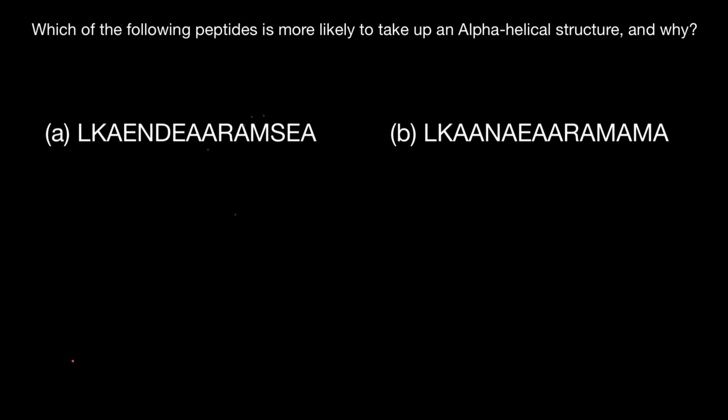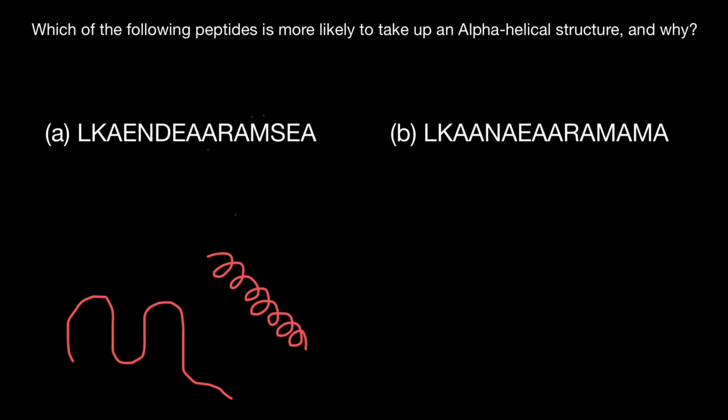Imagine that here is a wire, and here is another wire, which represents a spring. Now imagine that you were told to use any of these wires and make a structure like this.